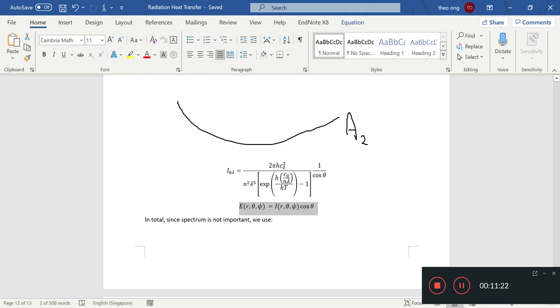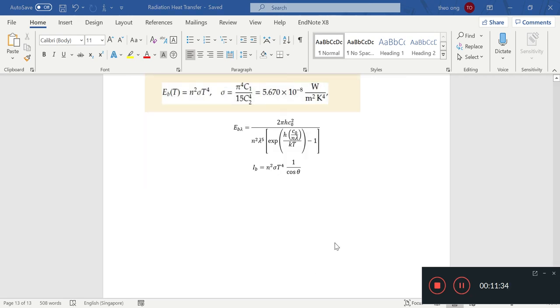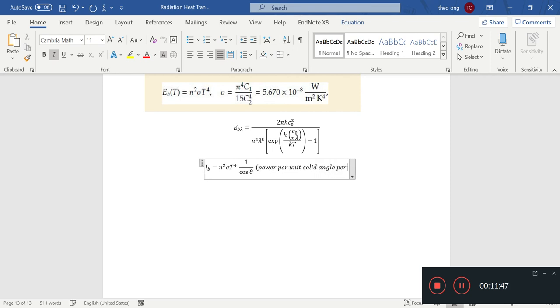So that's part 1. That's the power per unit solid angle per unit normal area.